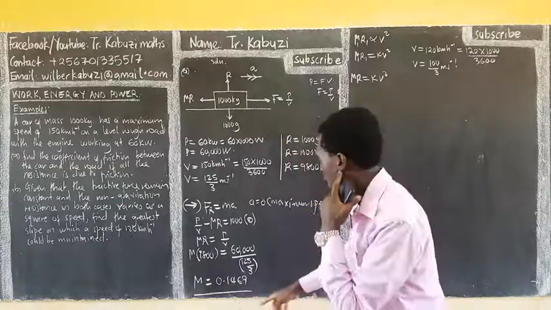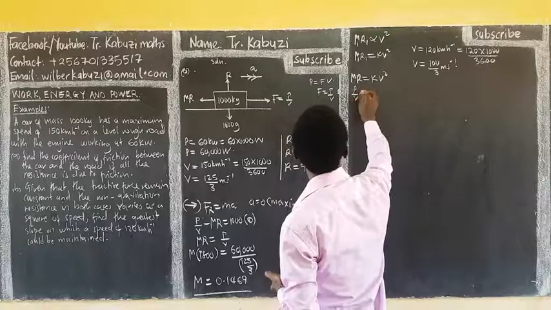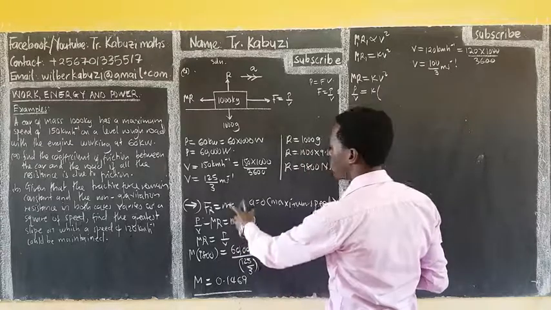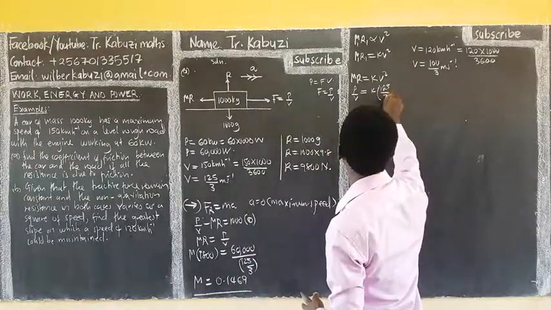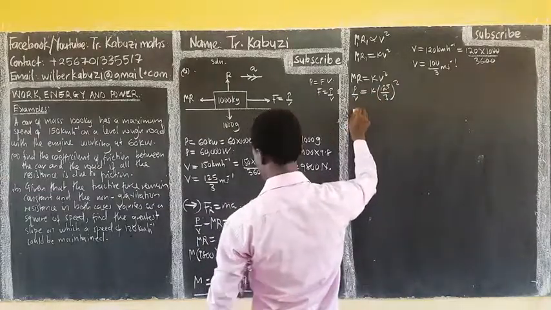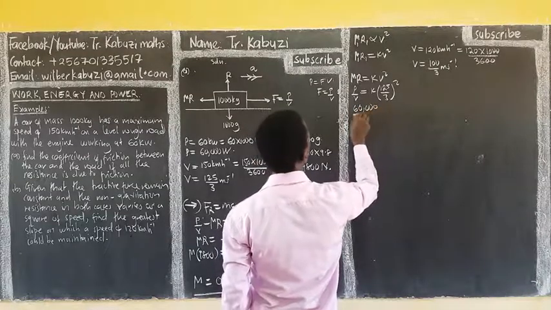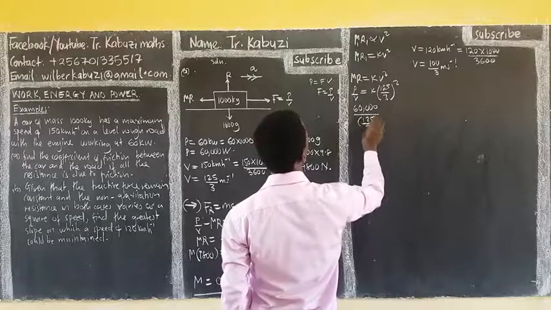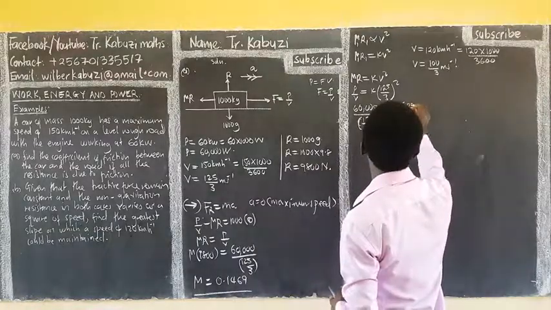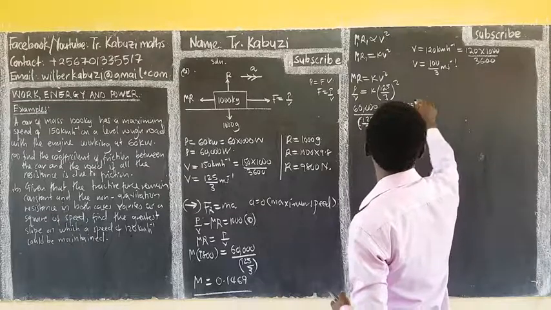First of all, we saw that all of this was giving us P over V equaling k into v squared. Now here our v was 125 over 3, the whole square. So this one was giving us 6000 over (125 over 3) squared, equaling k into (125 over 3) squared.